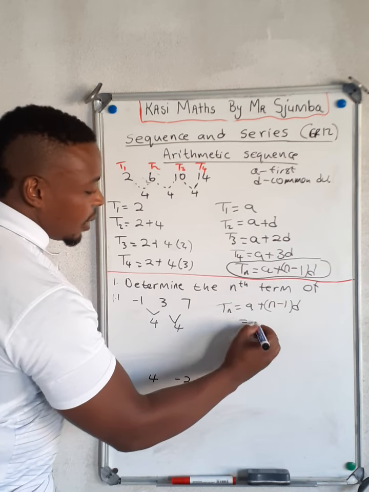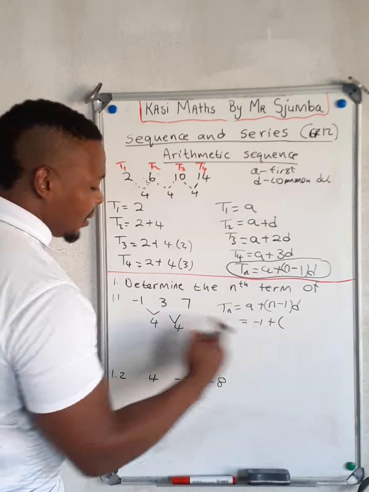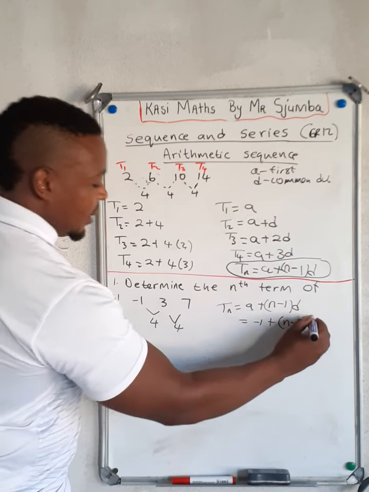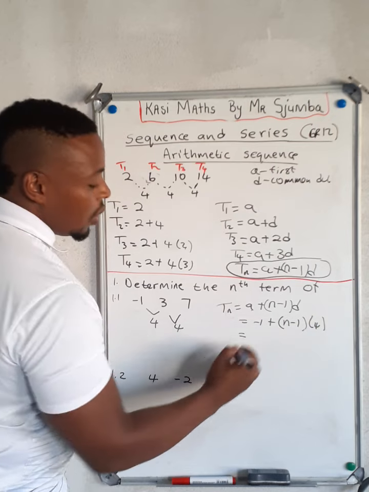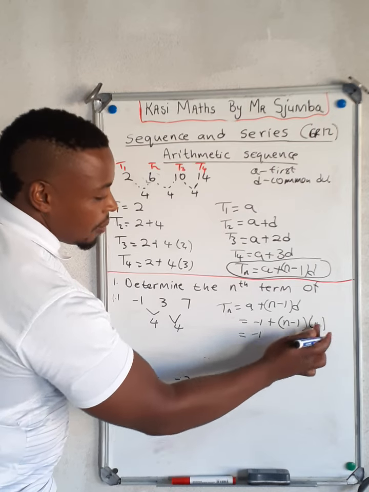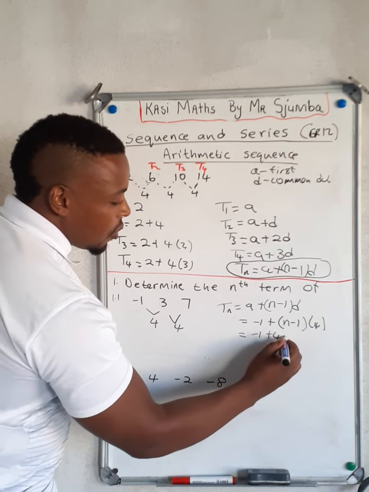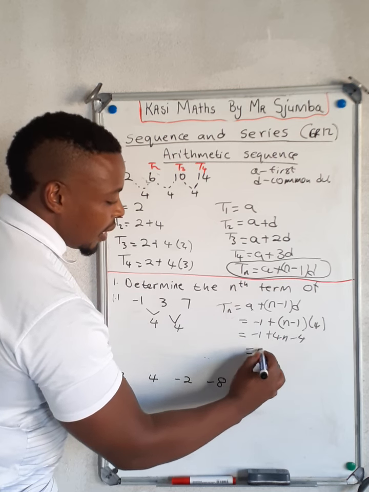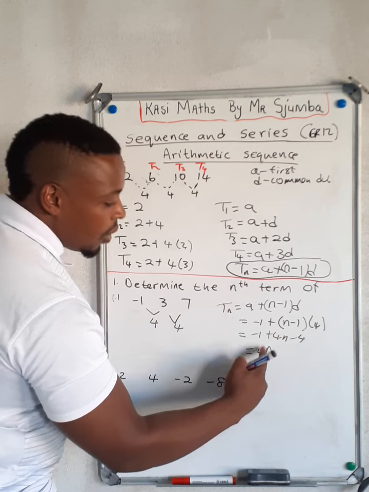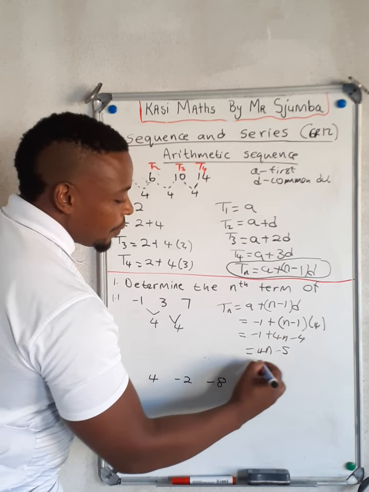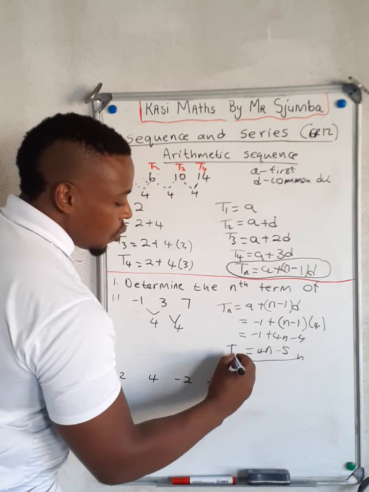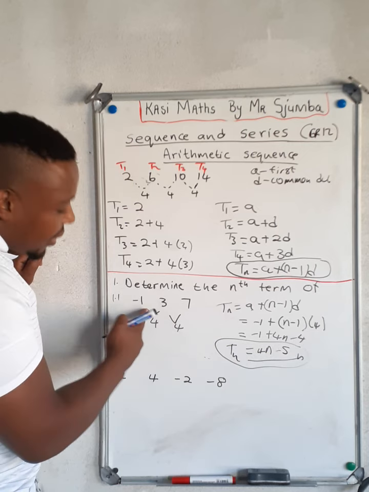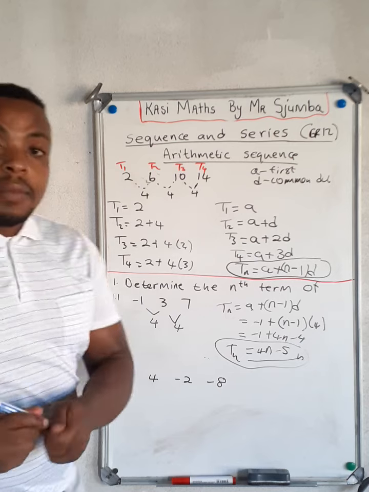A is our first term, which is minus 1, plus n minus 1, and the difference is 4. Now we multiply out the 4: 4n minus 4. Simplifying, 4n minus 1 minus 4 gives 4n minus 5. So this is our formula for the nth term.